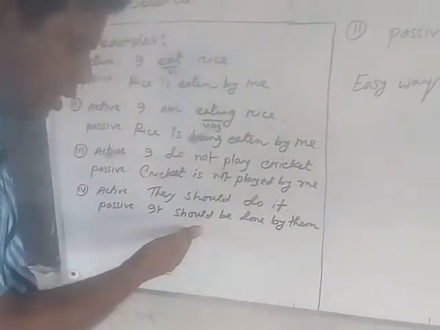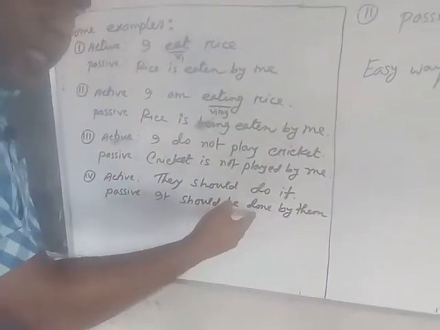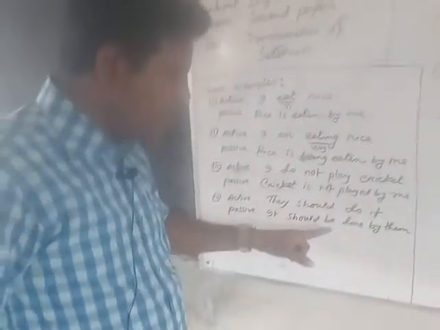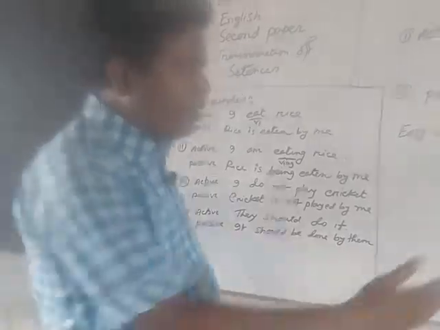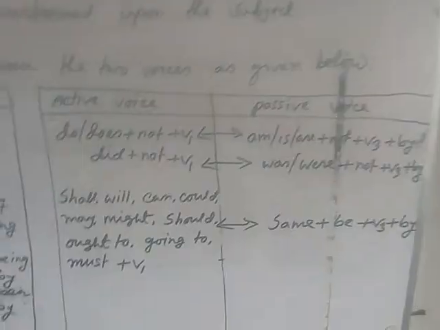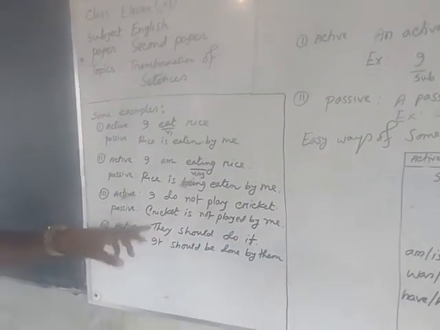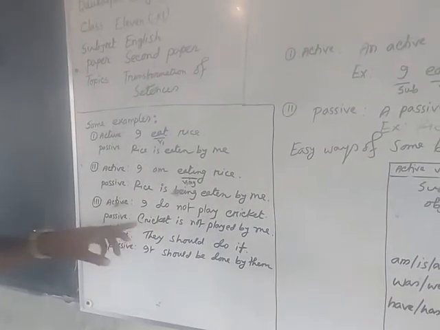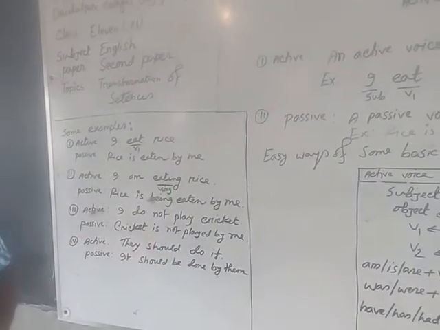Here modal auxiliary, here be, here V3 and by. Look at the board: modal auxiliary, be, V3, by. And here it was the object and it has become the subject, and they was the subject and it has become the object. It is the system.